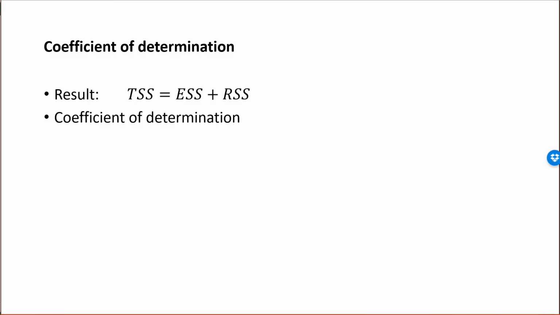So we define R square as ESS over TSS. If you think about ESS as the part you can explain and TSS as the total variation, then R square is simply the proportion of the total variation that you can explain with the linear trend line.